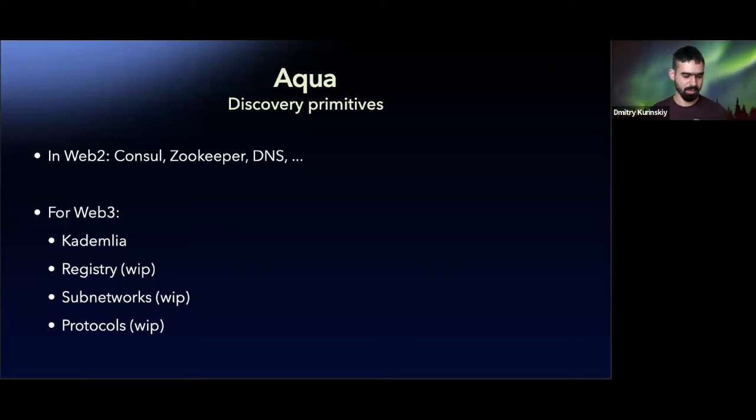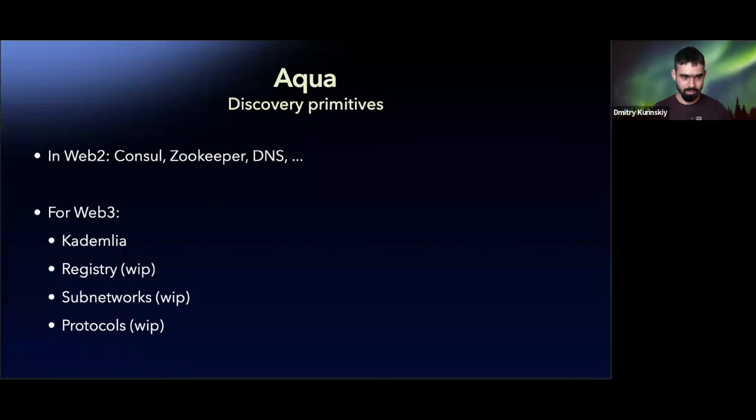Consensus is essentially the Raft algorithm and nothing more. And ZooKeeper is what? Paxos, right? It's also an algorithm, and both algorithms can be implemented in Aqua for non-global discovery, for application-specific discovery.